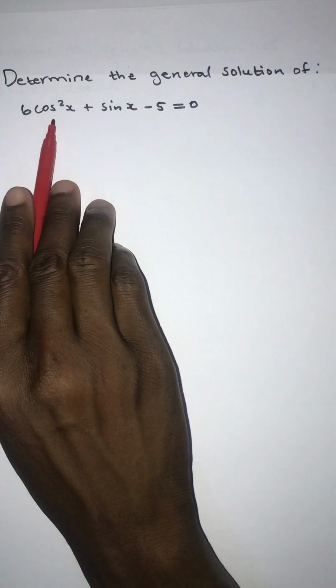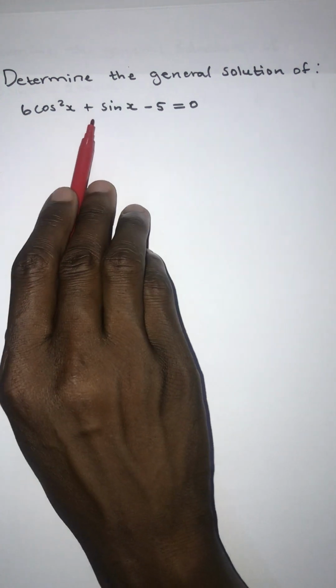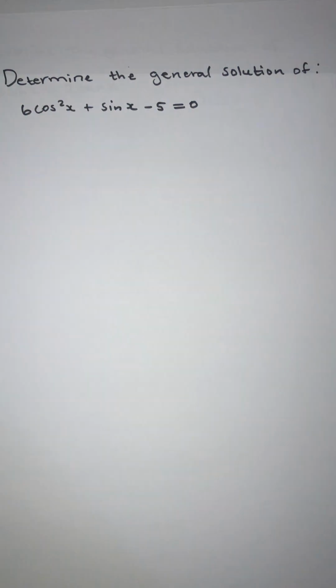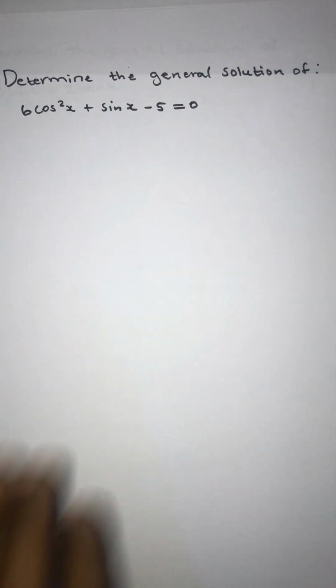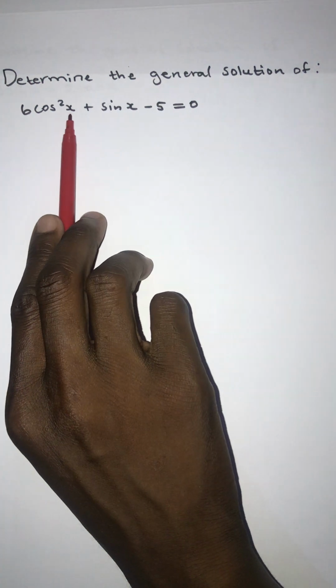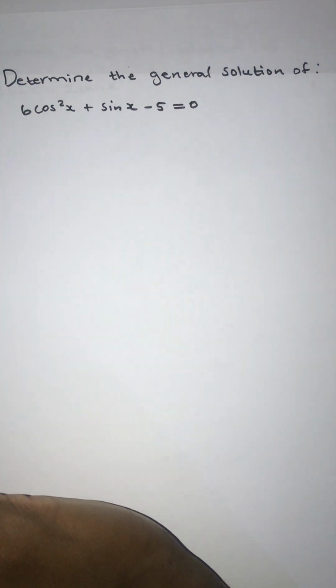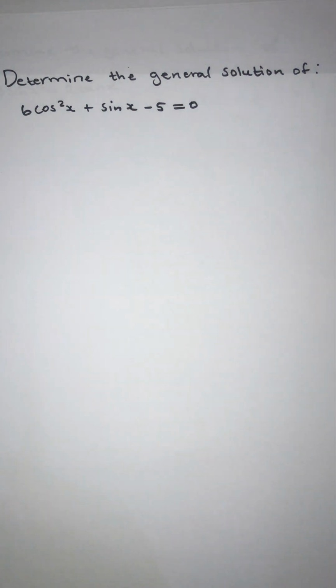So let's say 6 cos squared x plus sine x minus 5. Let's check. We have sine x here, and this side we have 6 cos squared x. So what are we going to do? Let's change cos squared x into sine, so that we can have sine all over the equation.